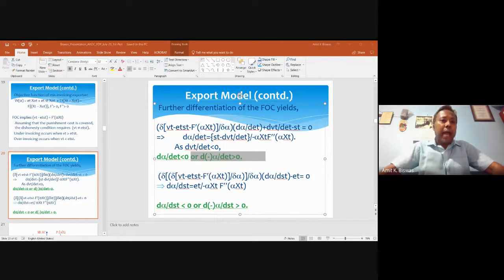Why should alpha fall, or rather, if I say it in a more intuitive way, why should my underreporting fall if my currency is weakened, if my currency is devalued? Do you have an answer for that? It's very easy, by the way.